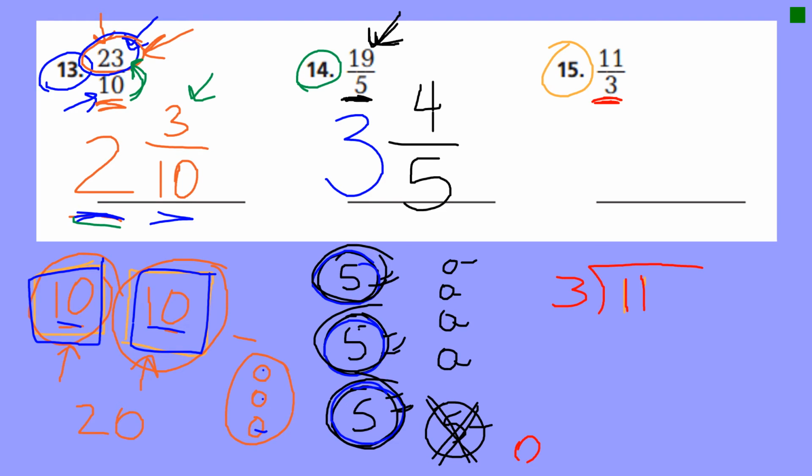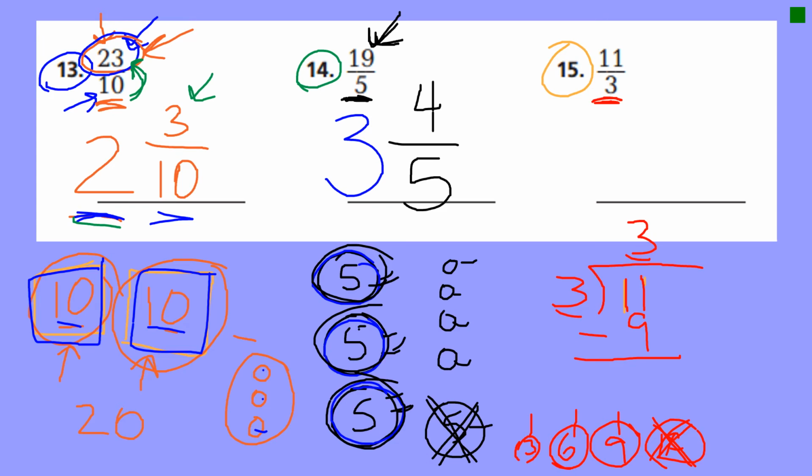3, 6, 9, 12. Oh, we don't have 12 pieces. Sorry. So 1, 2, 3. Right? So 3 times 3 is 9.